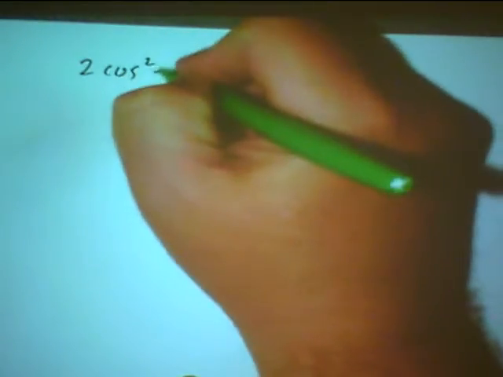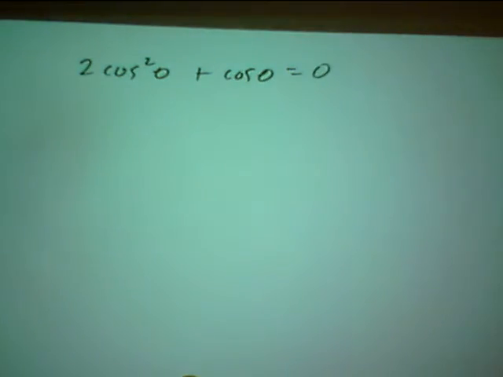Well, the good thing about starting with problem 15, they do not ask for the general solution anymore. So all we have to worry about is the solutions between 0 and 2 pi. But now the downside is the equations are becoming a little more complex. So for instance, the first one, problem 15, is 2 cosine squared of theta plus cosine theta equals 0.